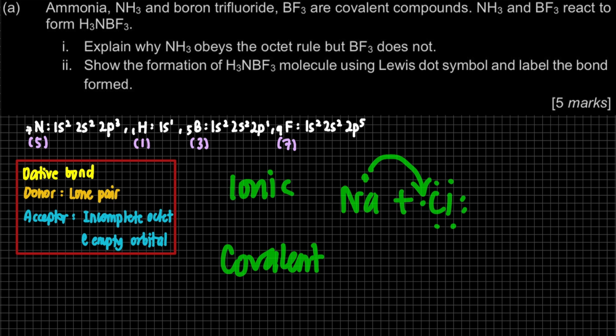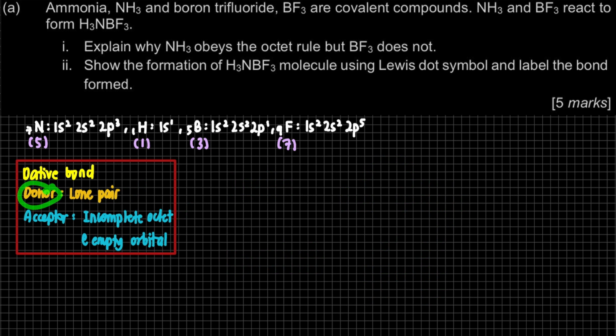For example, my fluorine will share one electron each to form octet. But for the case of dative bond, we need one donor and one acceptor. Where in covalent each atom will share, in a dative bond only one will share, our donor. The acceptor just accepts.